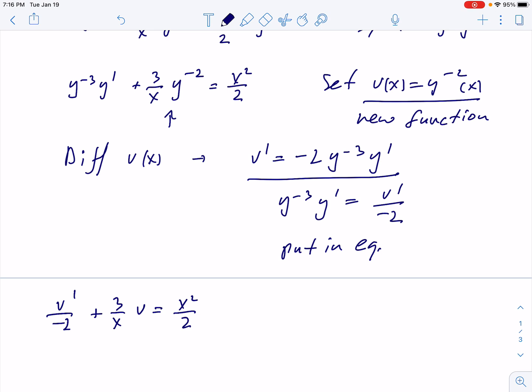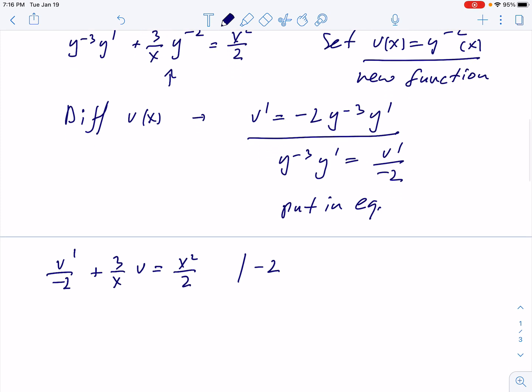To bring it to standard form, we multiply both sides by 2. And the equation becomes v prime plus, on purpose I want to separate this coefficient, negative 6 over x times v. And this is negative x squared on the right side. We have a linear equation in standard form.